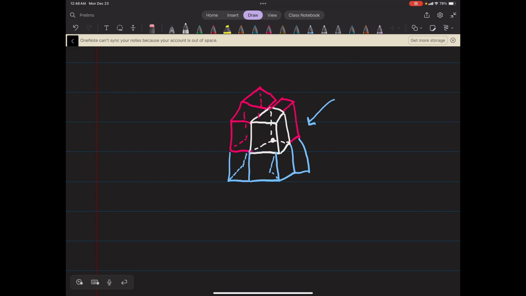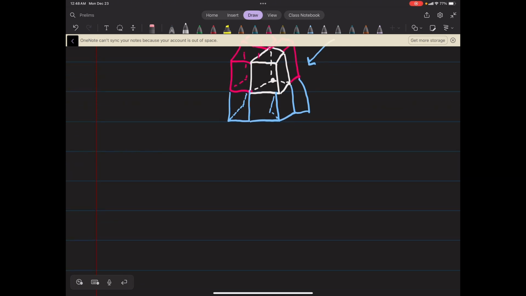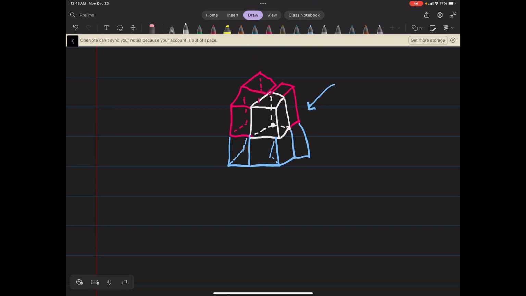So what we're going to do now is count. The flux is going to be equal for all the sides that it goes through, so we're going to count all the faces that we need to worry about.